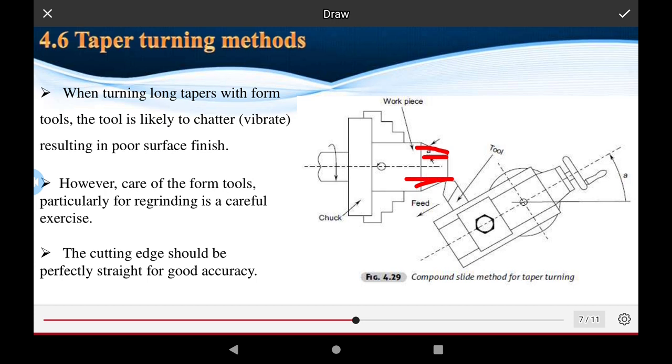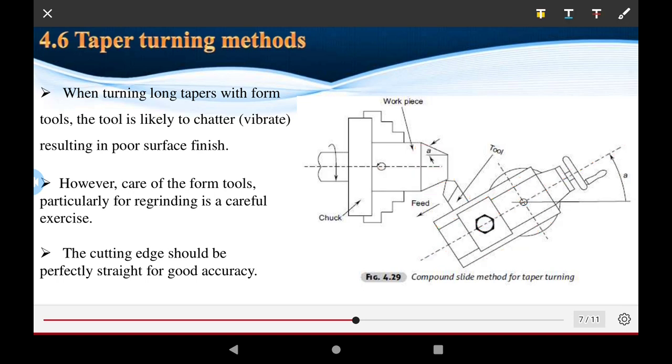This is the operation, and the set of tools is selected for the cut. This is the tool post, and this is the center of the tool, and this is the workpiece center line.